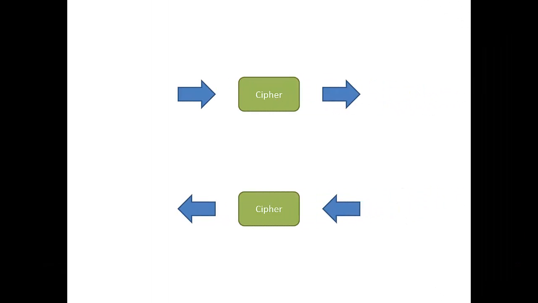In this slide, I'm going to explain what we just discussed pictorially. This box with rounded corners represents a cipher. A text before encryption, we call plain text.